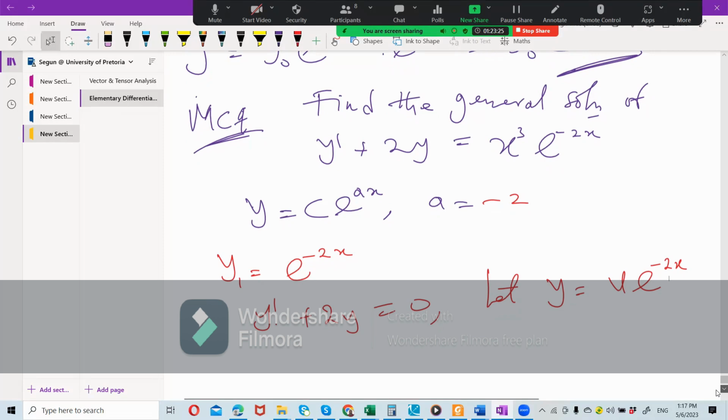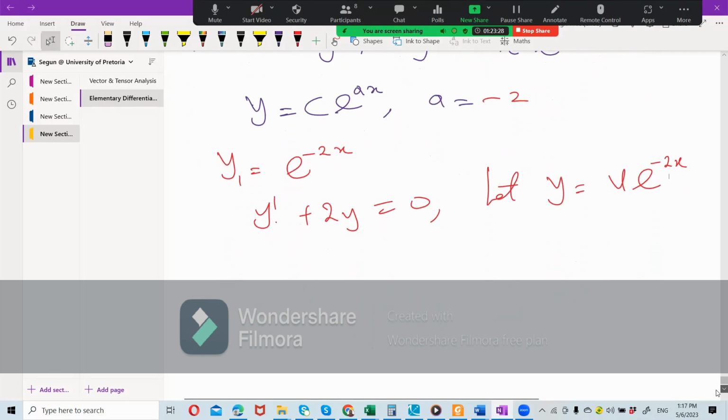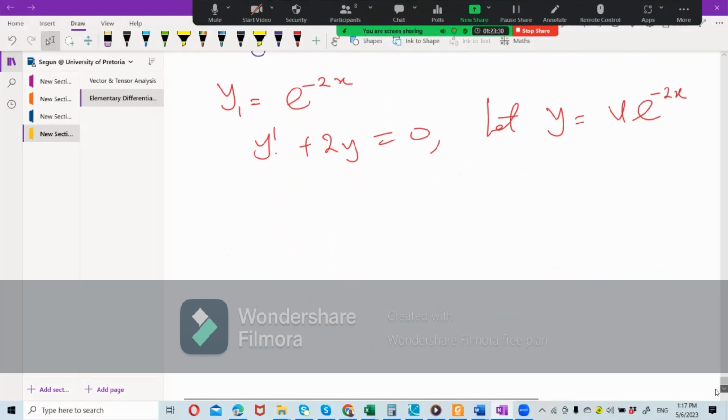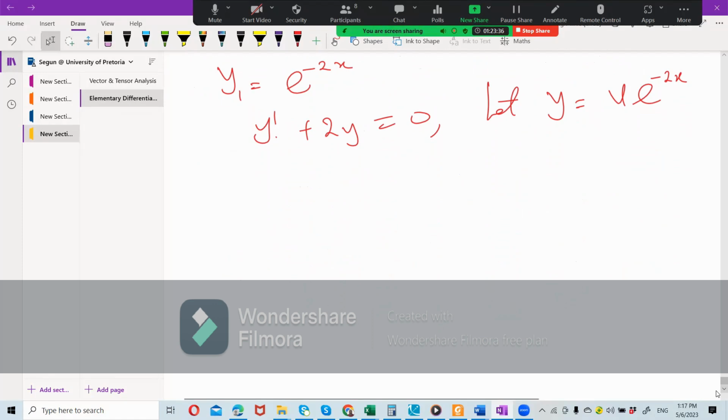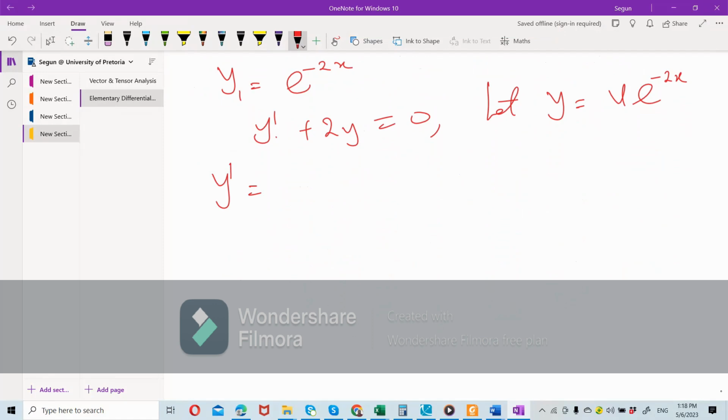But in this case, how do we solve this one? Remember when we are doing comparison, the last time we did that, so what is y prime now? How do we differentiate it to get y prime? For us to get y prime, u also is a function of x.